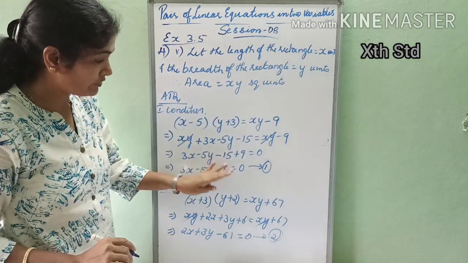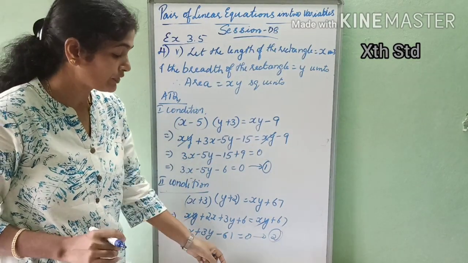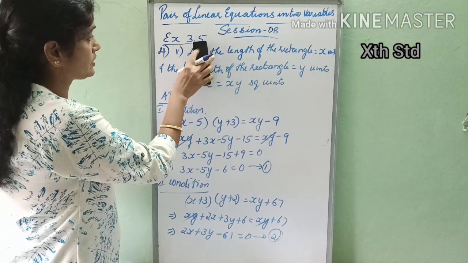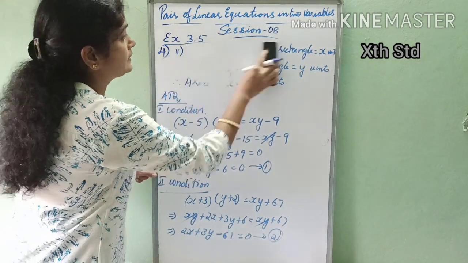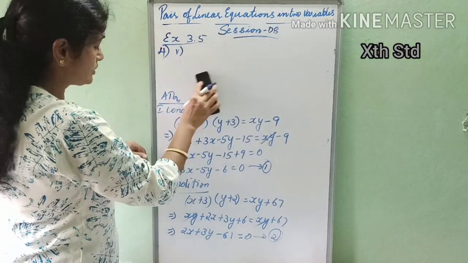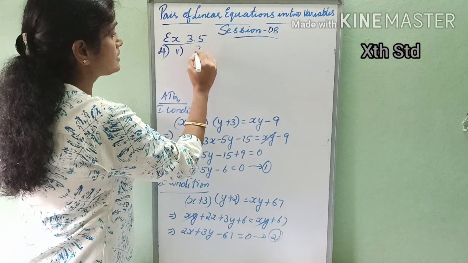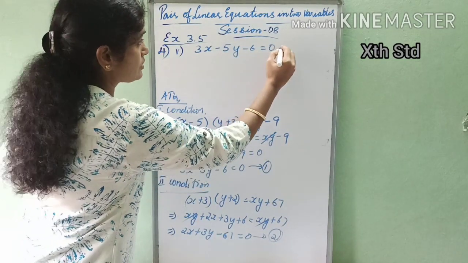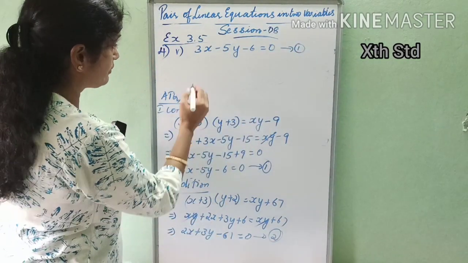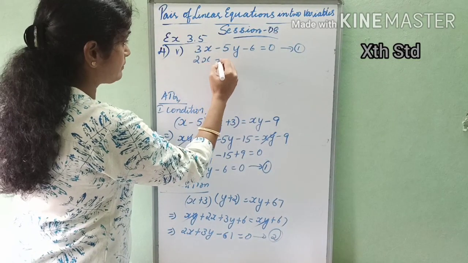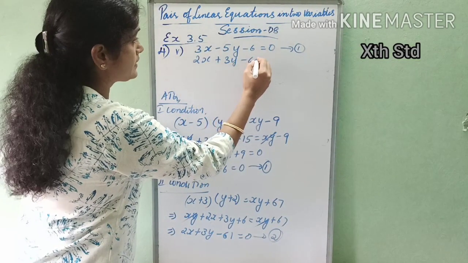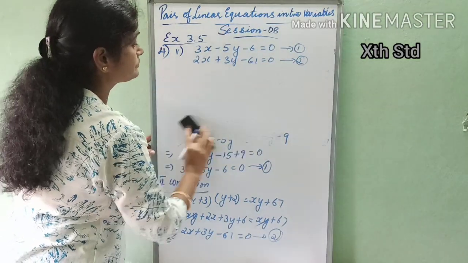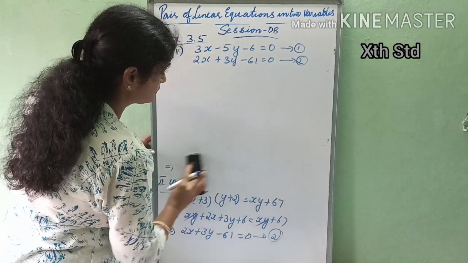Now we will solve these two equations by any one of the methods. Let's do it with cross multiplication. Which are the two equations? It is 3x minus 5y minus 6 equal to 0, this is equation 1. The second equation is 2x plus 3y minus 61 equal to 0.